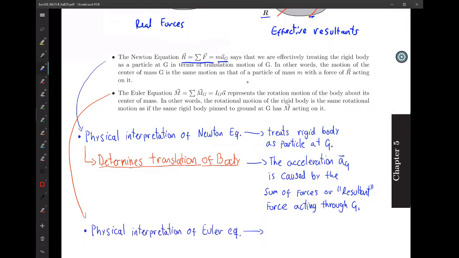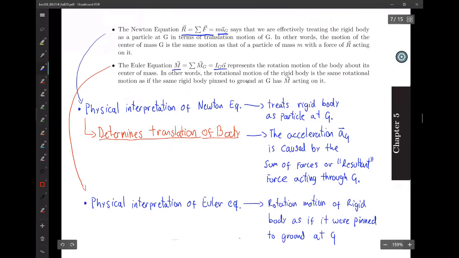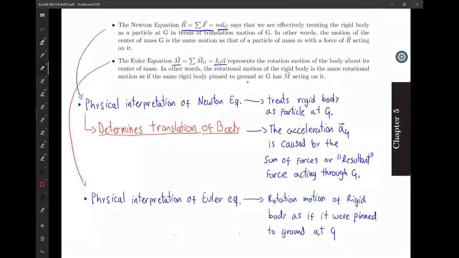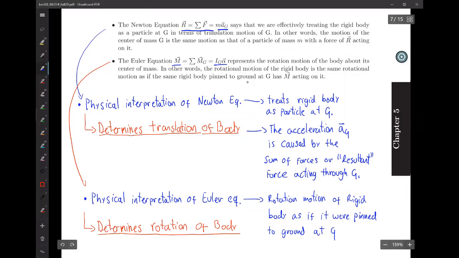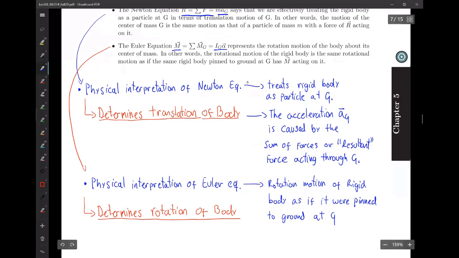Well, it essentially is telling us that the resultant moment that we have equals the moment of inertia times the angular acceleration. That equation is telling us everything we need to know about the rotation of a rigid body. So Euler's equation determines the rotation of the rigid body.